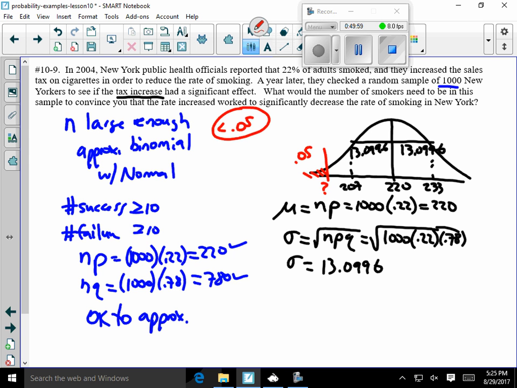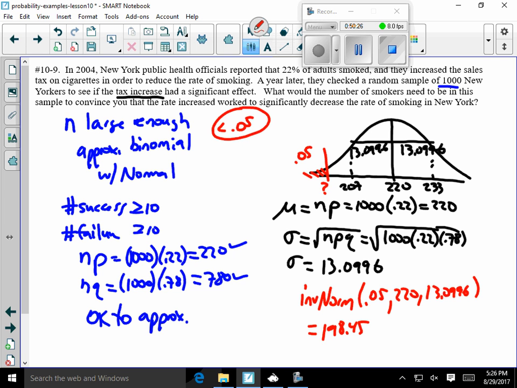So what would this boundary value be? Well, that's where we use our inverse norm function. Inverse norm, 5% to the left. That's my arbitrary decision point to say if it's 5% likely to happen by chance, then I call it significant. If the mean is 220 and the standard deviation is 13.0996, and you plug that in a calculator, that turns out to be 198.45.